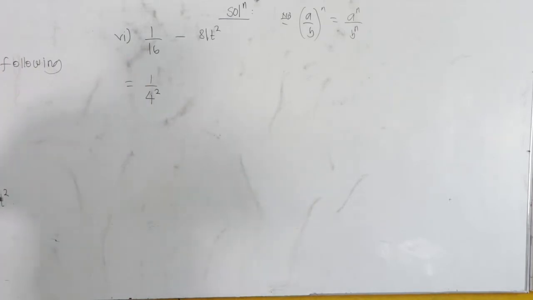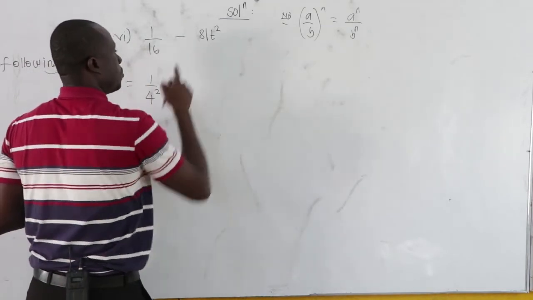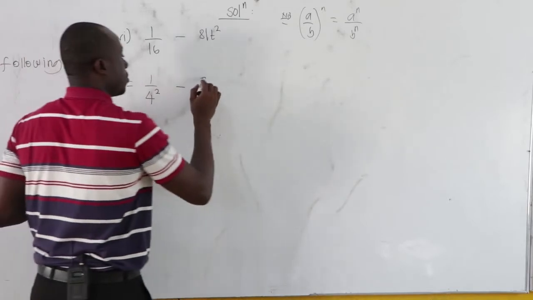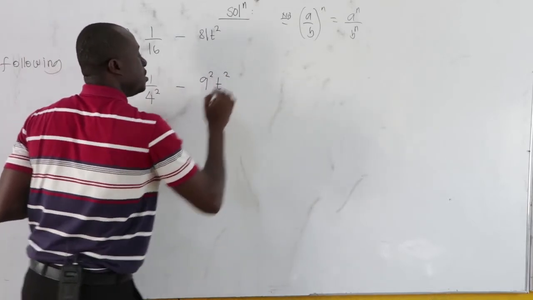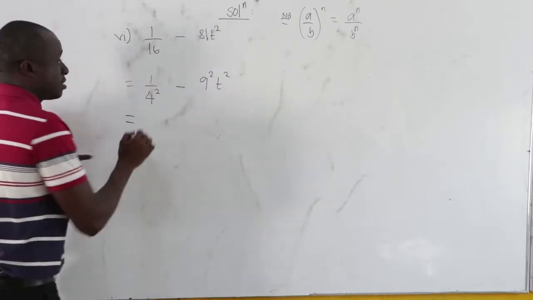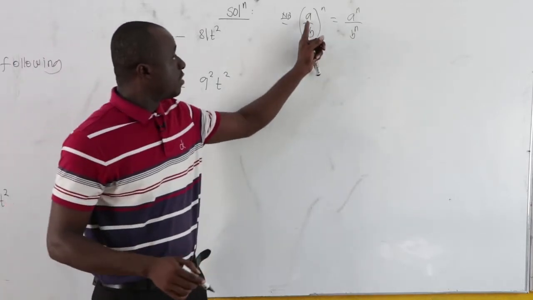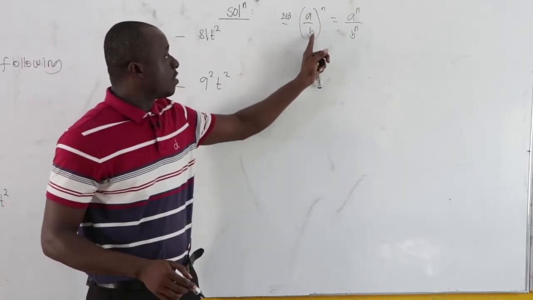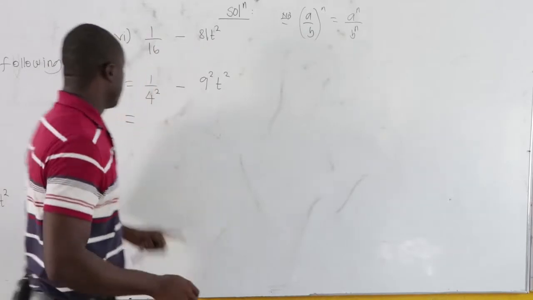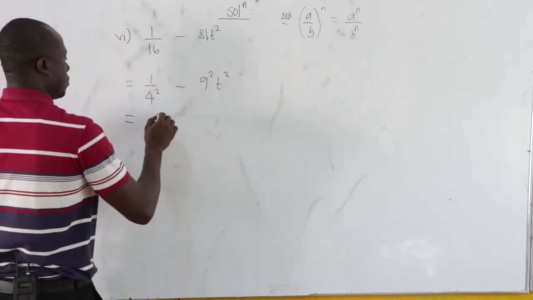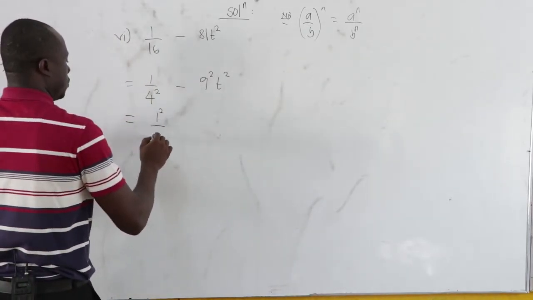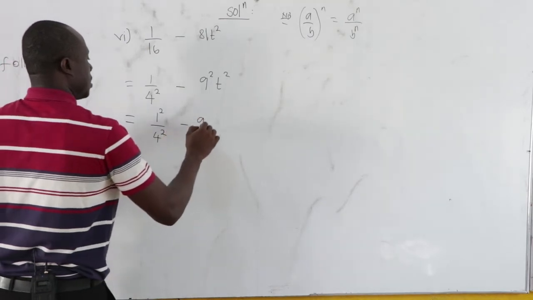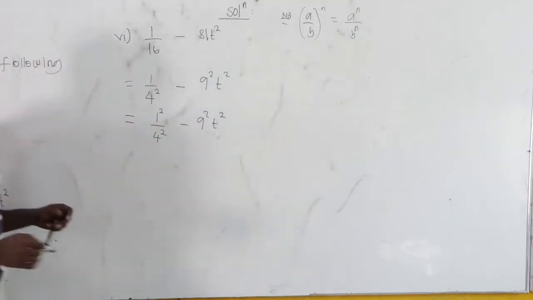We want to see squares. Now 81, how can you change to a square? That is 9 squared, and then we have t squared. And from this law, if you have (a over b) all to the power n, it's the same as a^n over b^n. Now this is the same as, you can see that 1 to the power 2 over 4 to the power 2 minus 9 squared t squared.